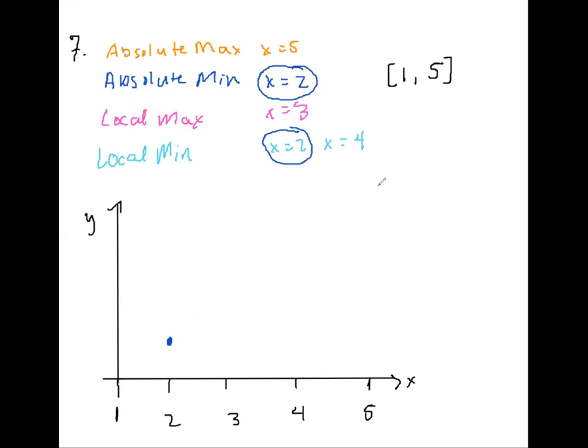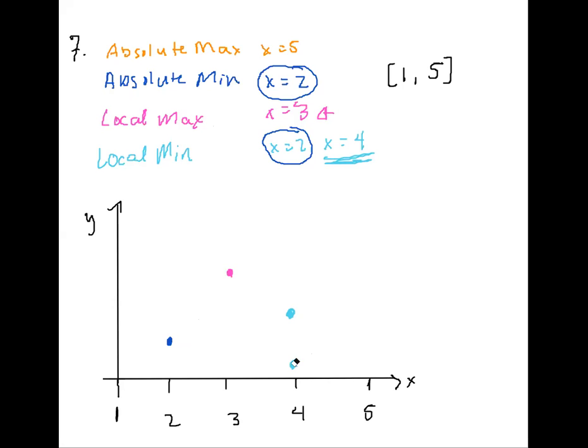What do we have at 3? We have a local max. So I'm going to put it right here. And then at 4, I have another local minimum. Do I need to put this below at a smaller or above at a higher y value than x is equal to 2? Above, exactly.